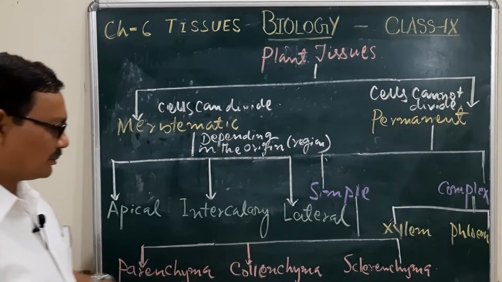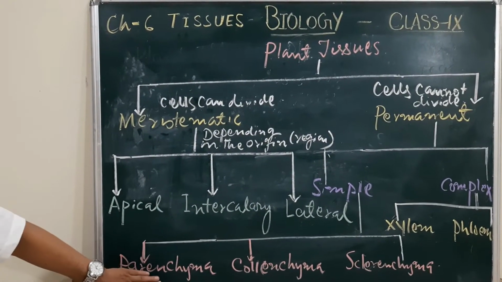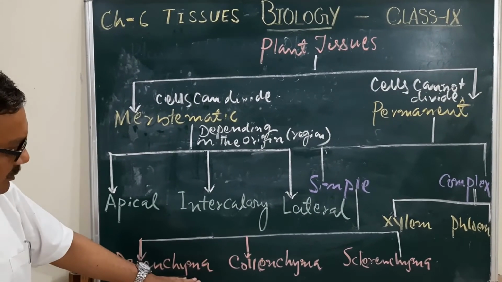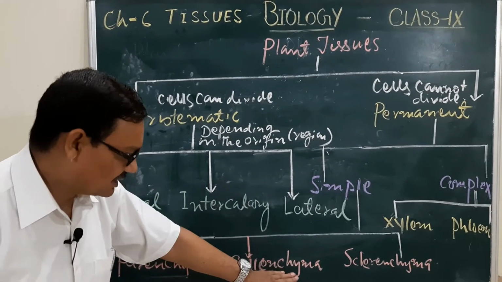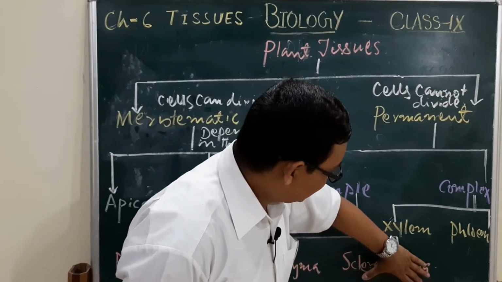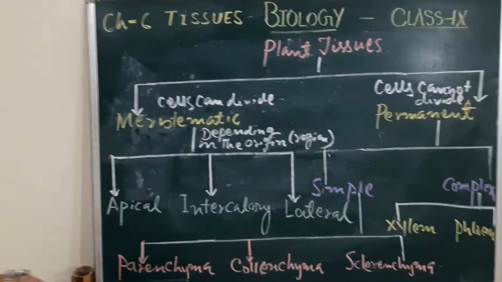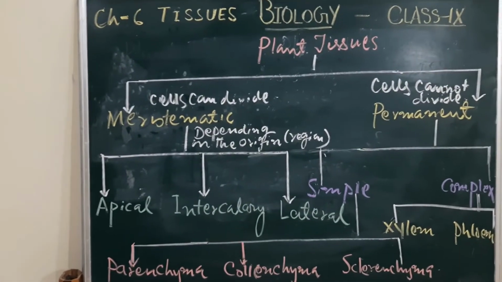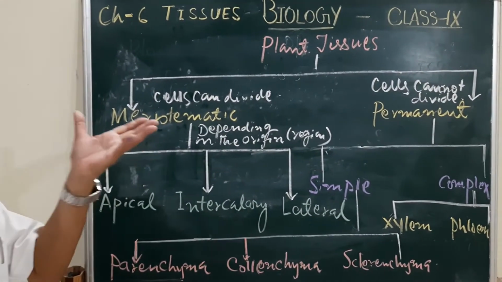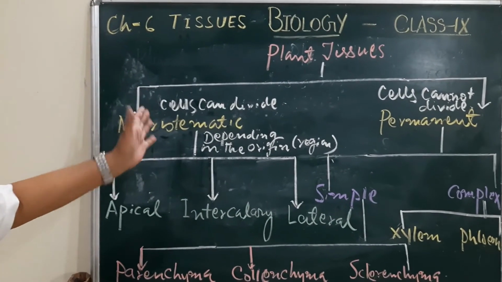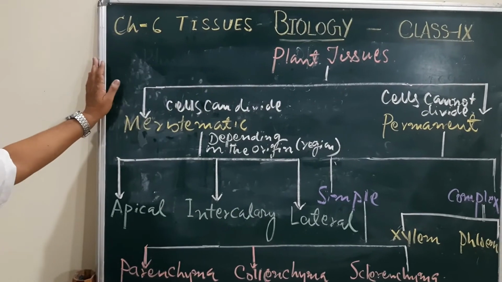So these are some facts. Here you may also see that parenchyma has living cells, but sclerenchyma possesses dead cells. So these are some basic facts I give you here, an idea about that classification.